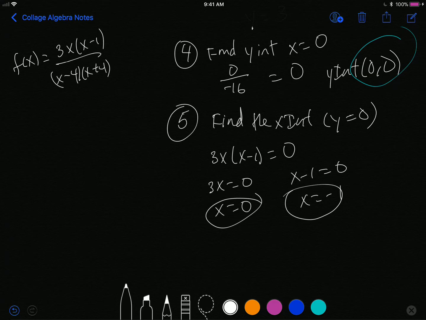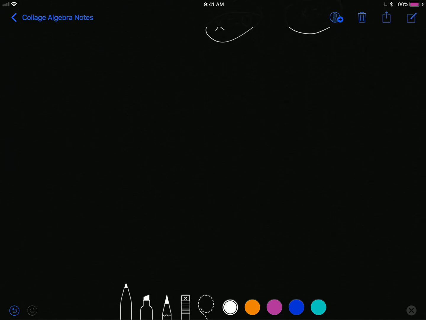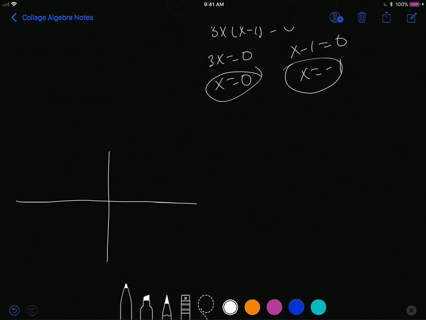And now what we have to do is some analysis on that function. Now that I have all of this information, I have my axes right here. I know my vertical asymptotes are negative 4 and 4, so at negative 4 I have a vertical asymptote, VA x equals negative 4.